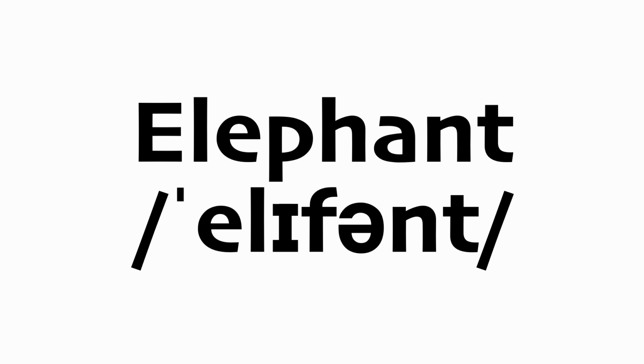Then we have the schwa, the weak sound, then n, t. Elephant. So we stress the first part, and the weak sound comes just before the end.